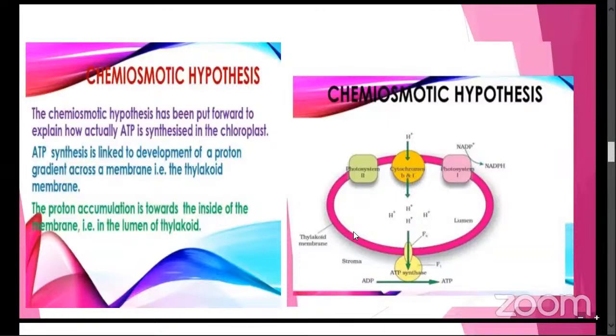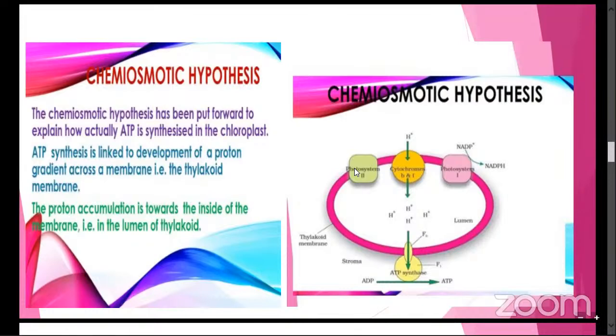Here in non-cyclic, two systems are involved: photosystem 2 and photosystem 1. It started with system 2 only, and this system 2 reaction center releases electrons, and these electrons move through various electron acceptors and finally reach system 1. While traveling through these electron acceptors, one important thing happens at the cytochrome site.